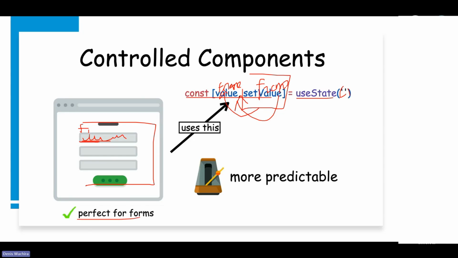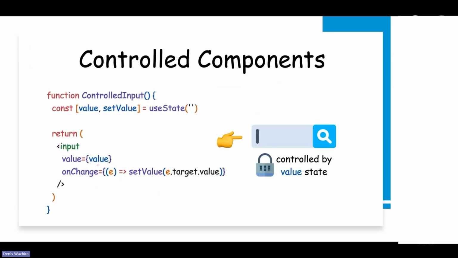So it is perfect for when I'm working with a form. An example of that is this one. We have an input, and the input has the attributes value and onChange. The value is the current state, which is just an empty string if you indicate it with quotation marks. Then onChange is a listener on this input.